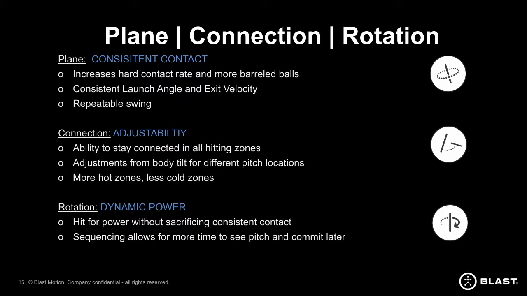And then rotation will give you a good indication of a guy who can sequence well, and then possibly matching that up with other technologies that can show you guys who don't sequence well exactly which segment needs to fire when and really break that down. But these are why these three things have become so important to us.